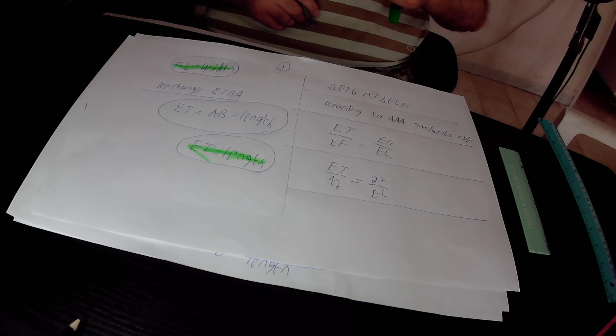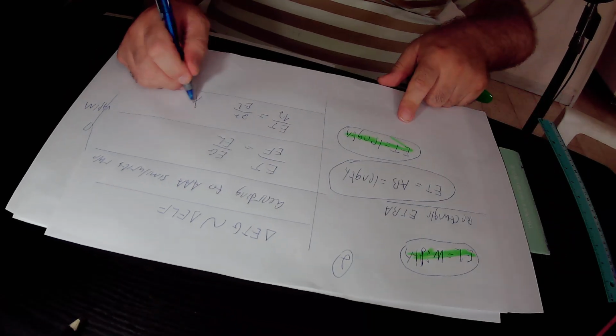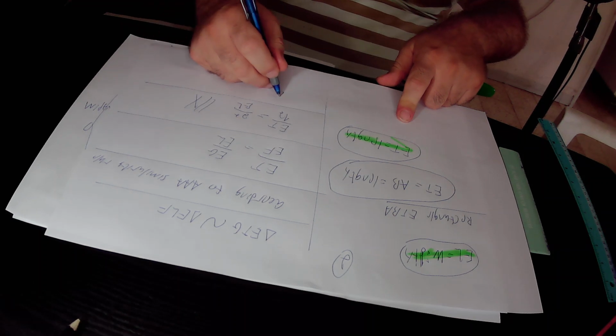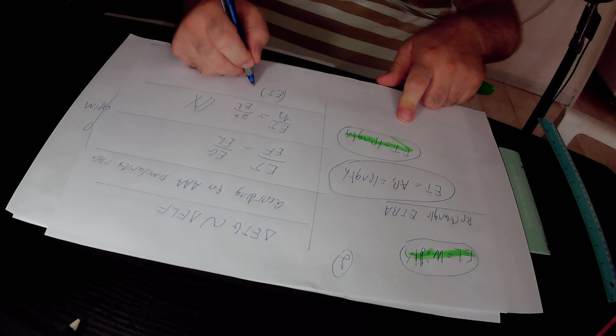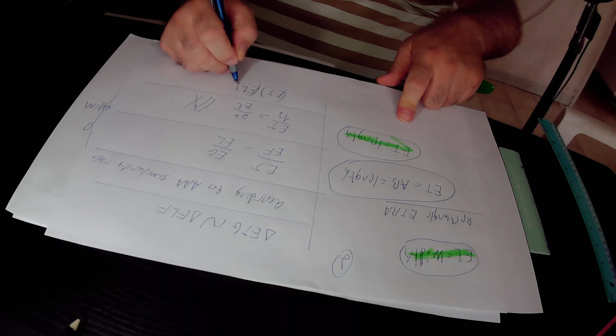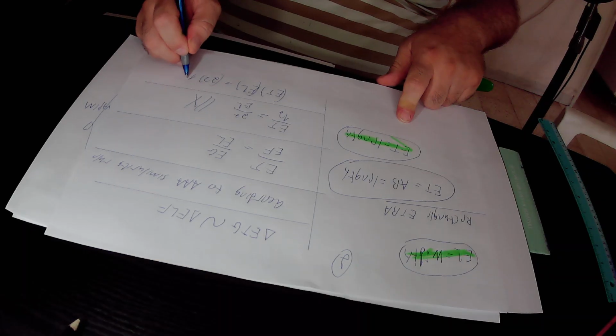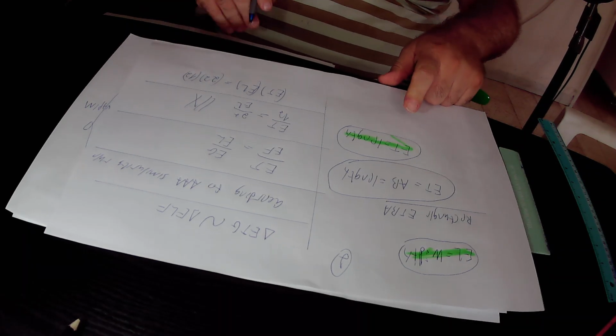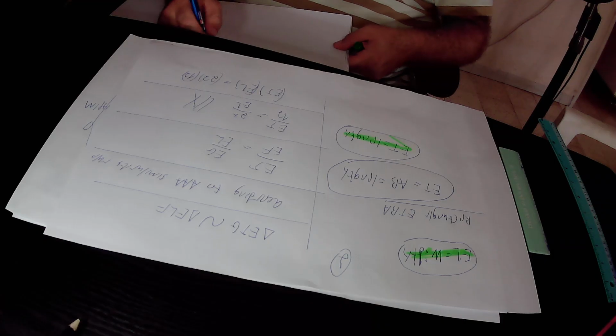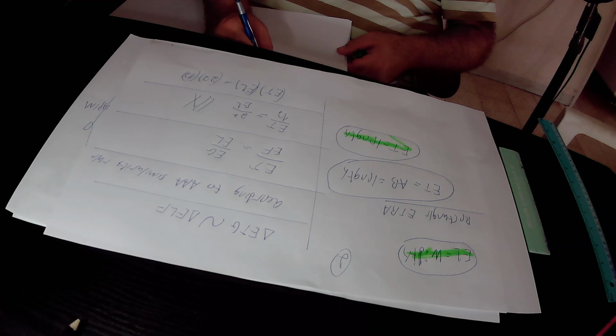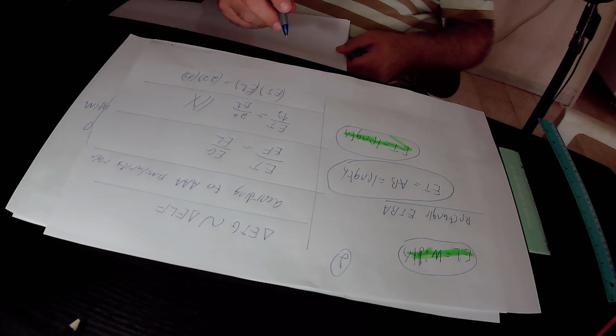Here we will cross multiply this equation and we get that ET times EL equals 22 times 12. 22 times 12 is 264, and it is equal to ET times EL.